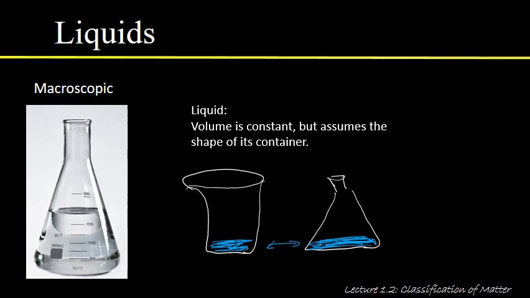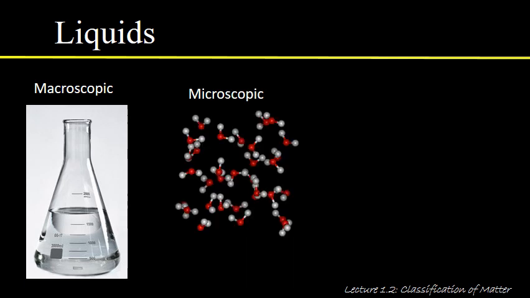We can look at what's happening on the microscopic level. And what's happening here is there are still intermolecular forces that are holding all of the water molecules in contact with one another, but the forces are no longer strong enough to keep them locked into place. So they're still sticking to each other, but they're not locked into place. Right? And that happens because of greater thermal energy, right?